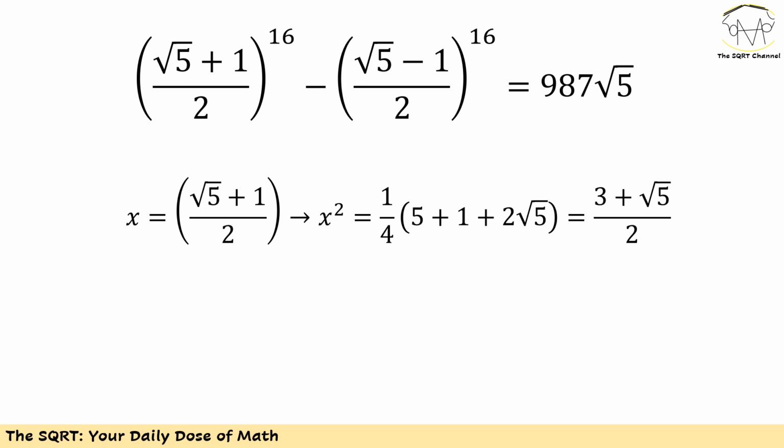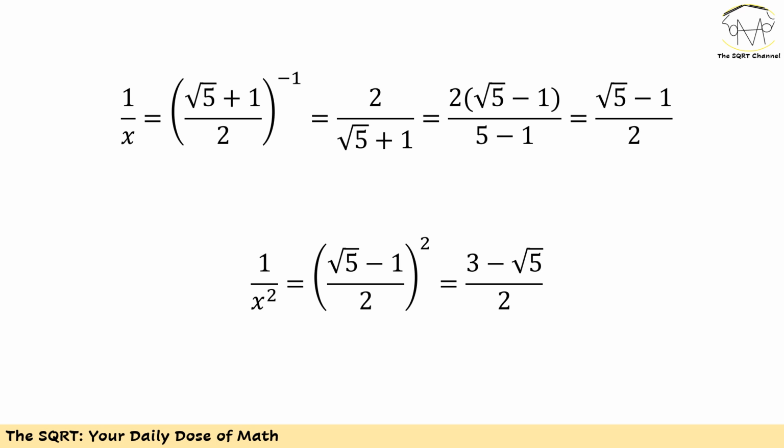Now let's take a look at what we had before. Remember, we had this 3 plus radical 5 over 2, which basically means that the path that we are following makes sense now. Now let's see how we are going to find this 3 minus radical 5 over 2, because in the original problem we had both 3 plus radical 5 and 3 minus radical 5.